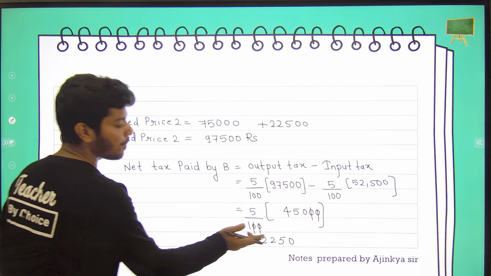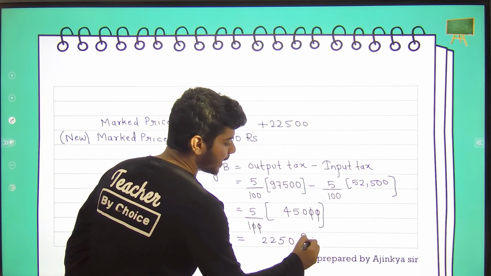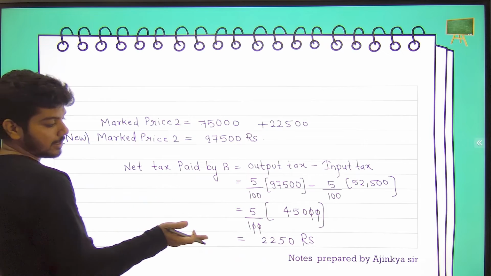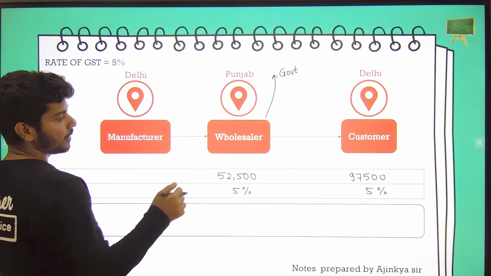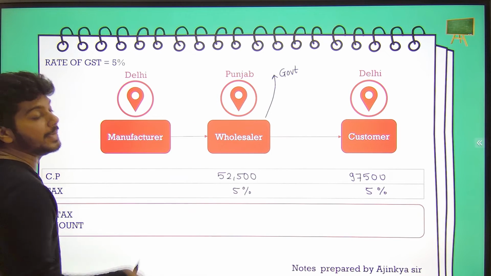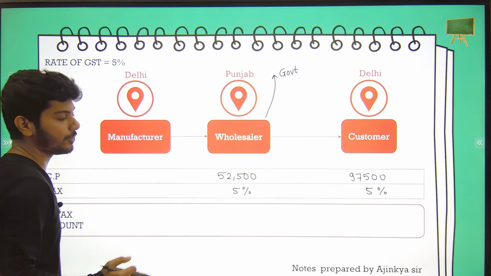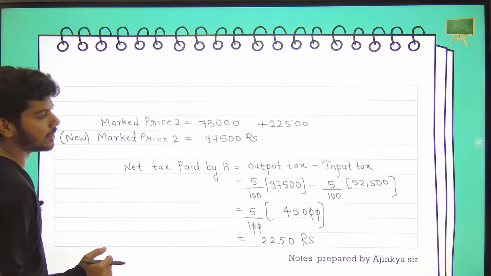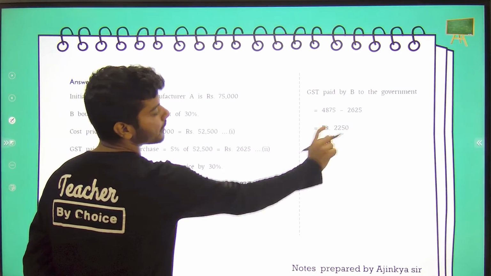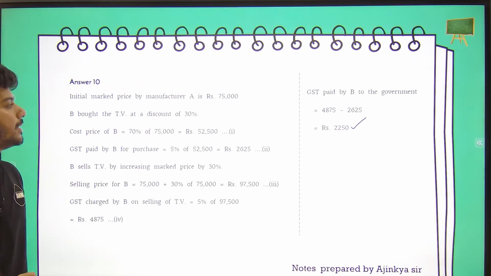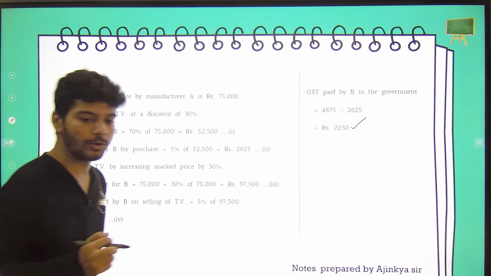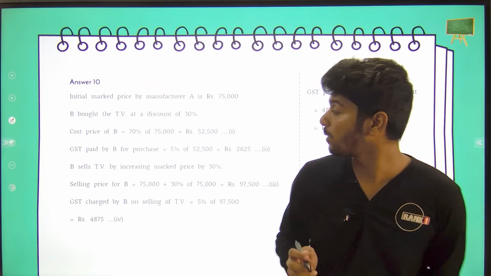So 2,250 is the amount to be paid to the government by the wholesaler B. So this is how you have to calculate the tax, and this is how you need to go ahead in the sum. Question number 10. I hope question number 10 is now clear.